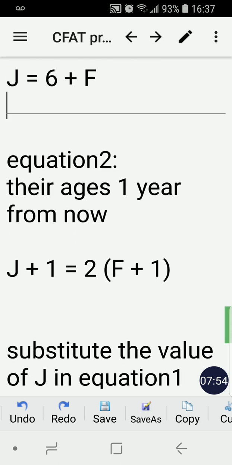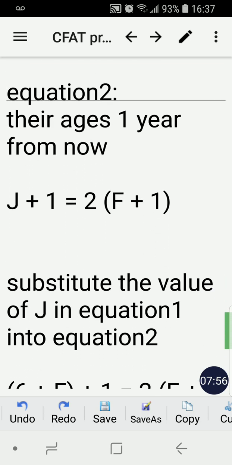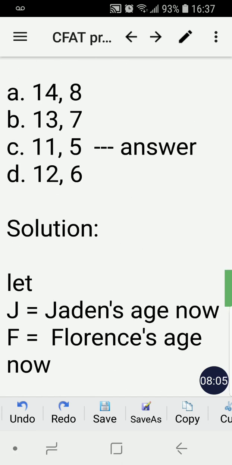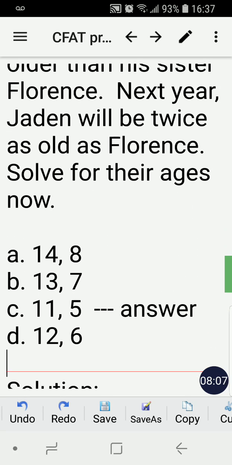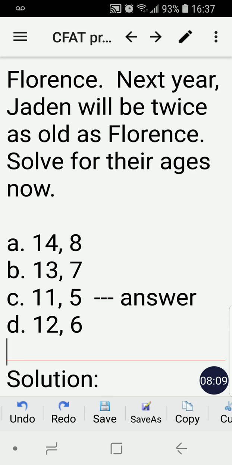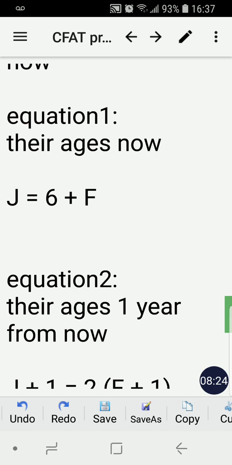Okay, that's equation 1. Equation 2 is their ages 1 year from now. It says next year Jaden will be twice as old as Florence. Jaden is the older of the two siblings.